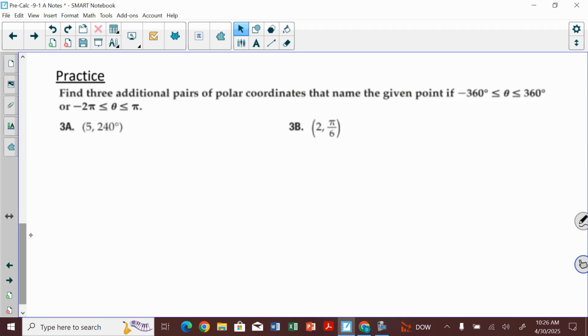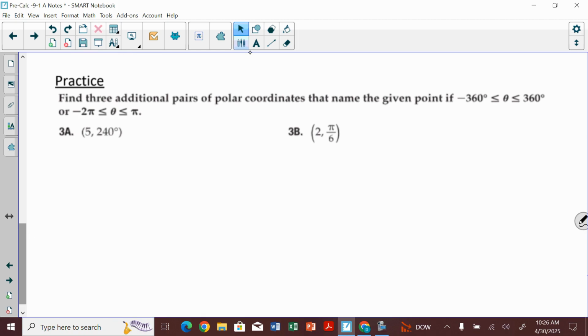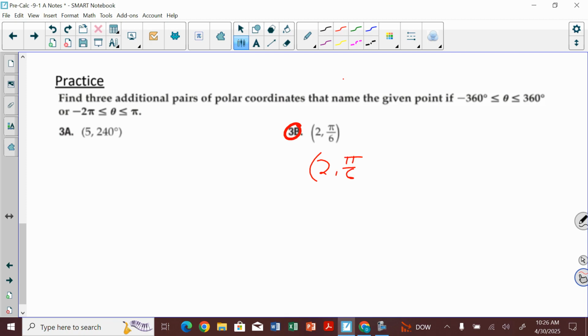So I'm actually going to do 3b first here, because, well, you'll see when we get there. So 2 and pi over 6. All right, so I know that 2 is positive. If I'm going with 2 as my r value, then for pi over 6, since I'm dealing with radians, plus or minus 2 pi would give me the same point.